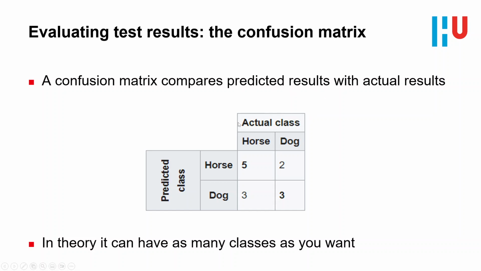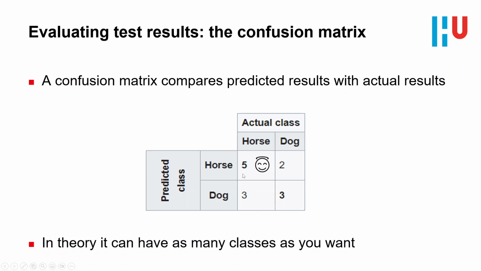So here you see that in the actual class, there were 5 plus 3, so 8 in the actual class horse, and there were 5 in the actual class dogs. When you look at it, you see that it predicted 5 of those 8 correctly as being horses.